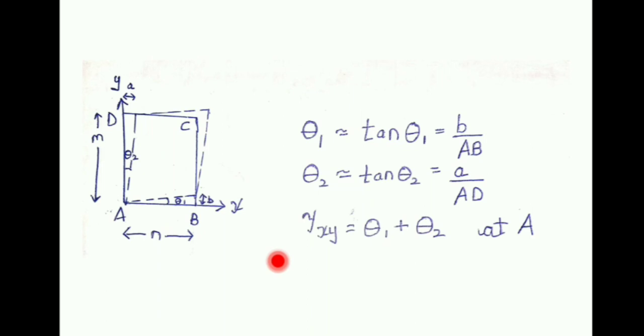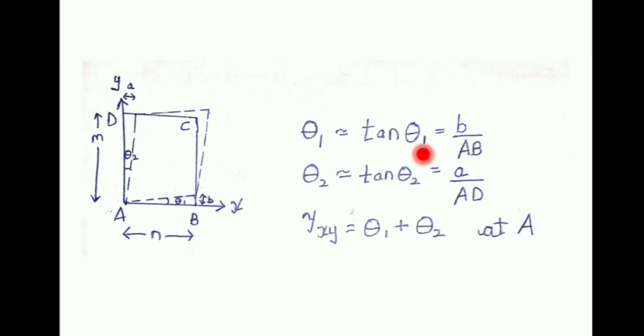Do you know the Maclaurin series? What does it say? What is the expansion of tan theta? Tan theta equals theta plus theta cube by 3 plus 2 upon 15 theta to the power 5 plus dot dot dot. So for small angles, the higher powers, theta cube and theta raised to 5, could be neglected.